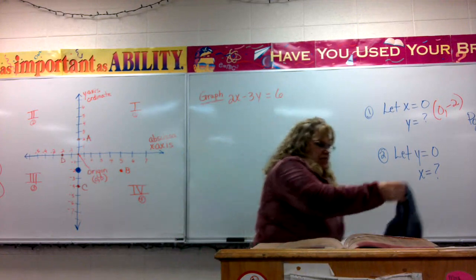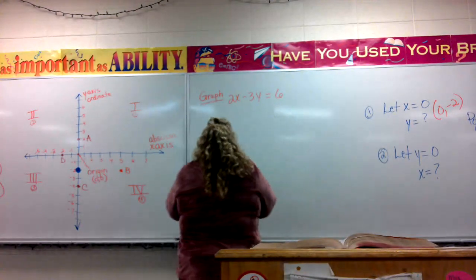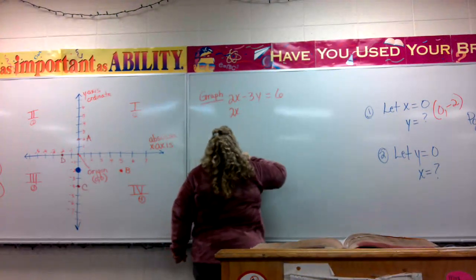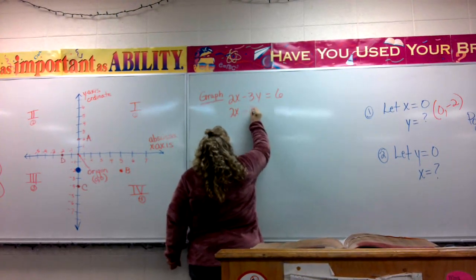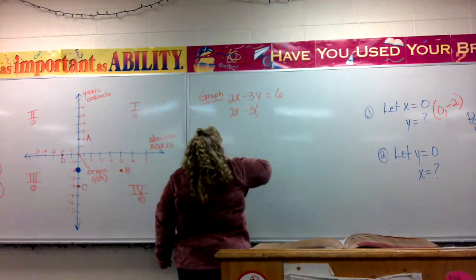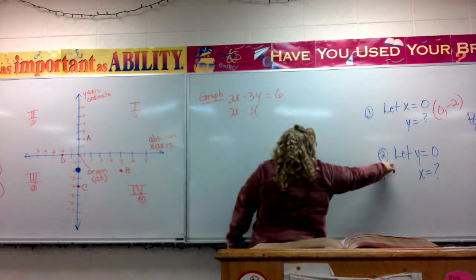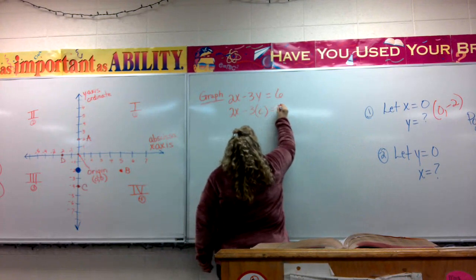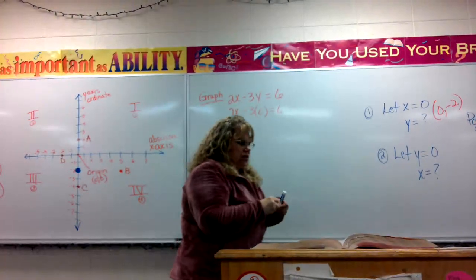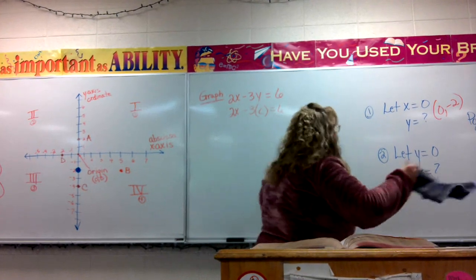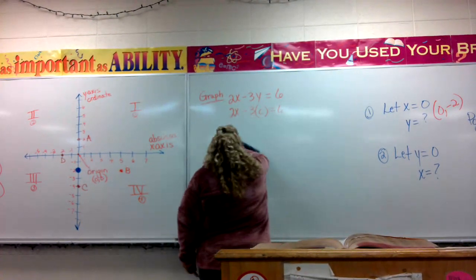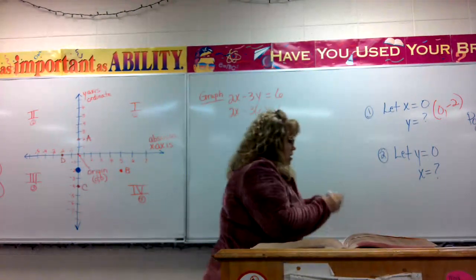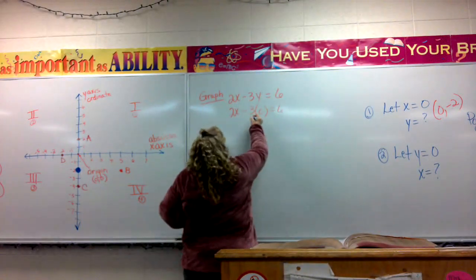So almost the same thing over here, except what is y going to be? What did we say y was going to be now? 0. So now we're going to let y equal 0, and we're going to figure out what is x if y equals 0. So work it out.